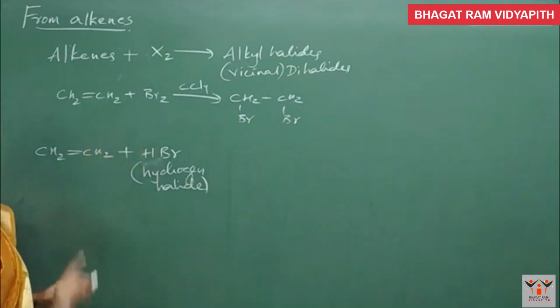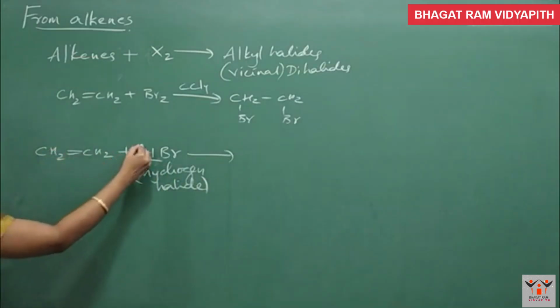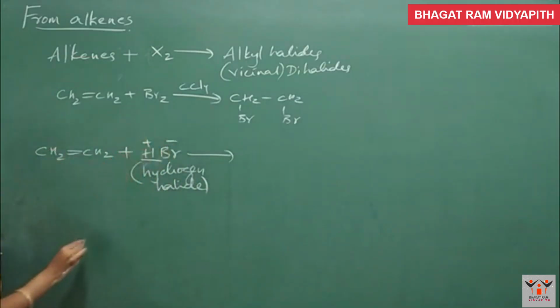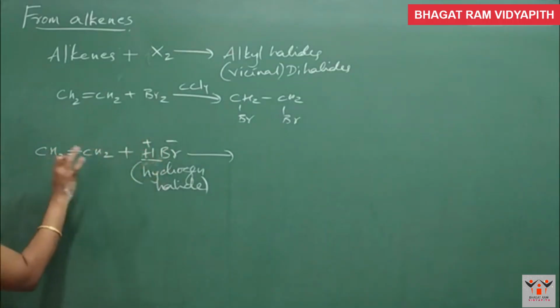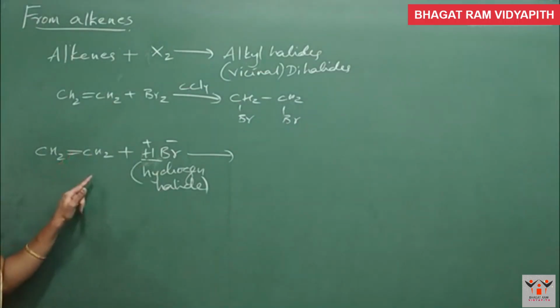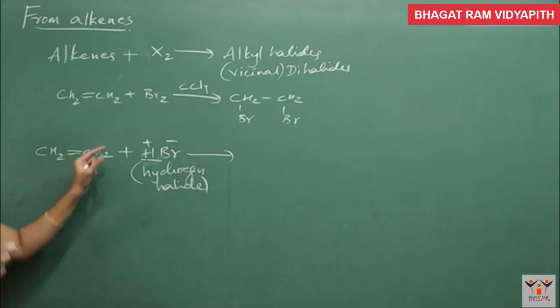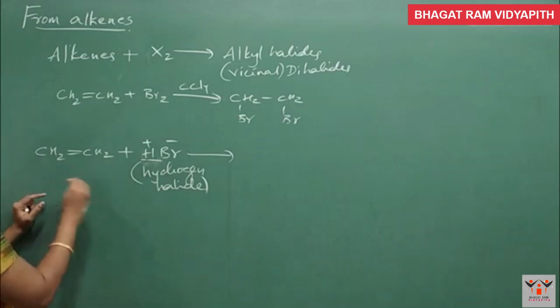I am taking HBr here. So what happens? H is the positive part and Br is the negative part. The positive part will get added to one carbon, and the negative part will get added to the other carbon. Since this is a symmetrical alkene, you can add the positive and negative parts to whichever carbon you want.